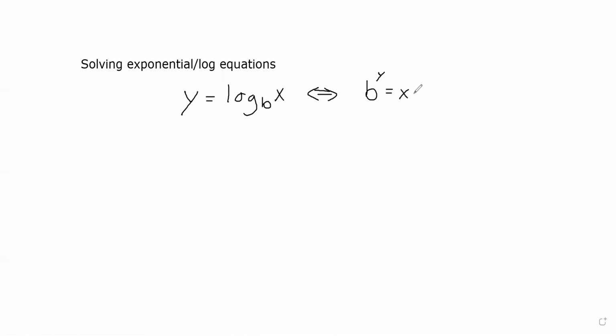So if you recall, there's no math really done when you change forms. When you change between log and exponential form, we're really just moving numbers and variables around. The b that I have in my exponential on the right is the same base from the log. The y and the x are the same as before. So we'll do that with an equation.